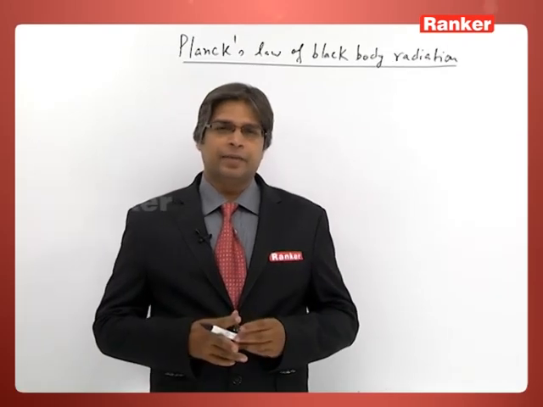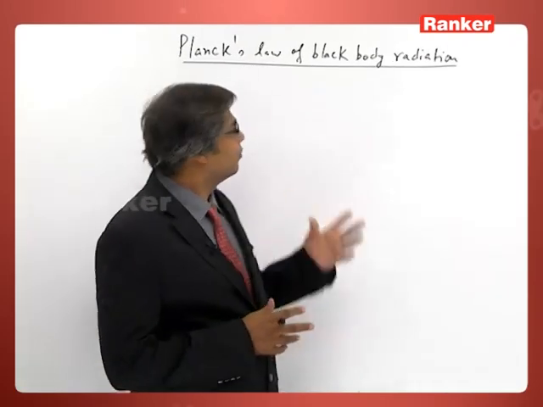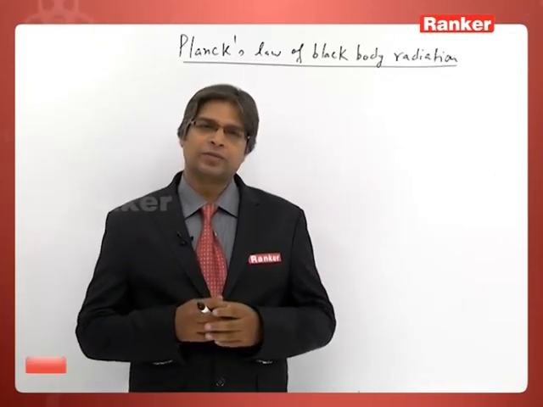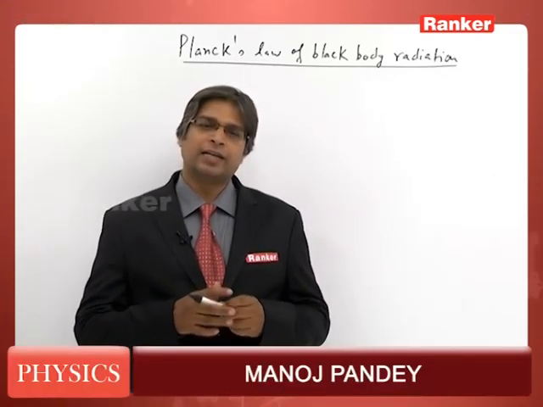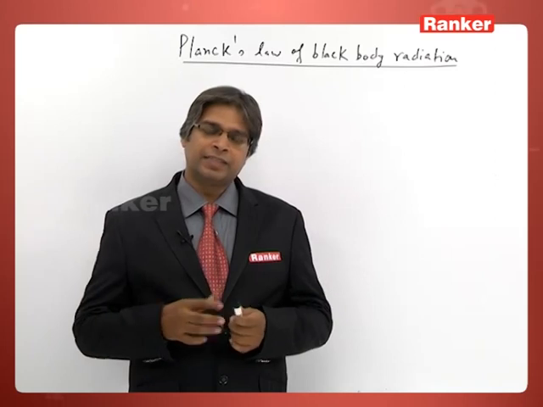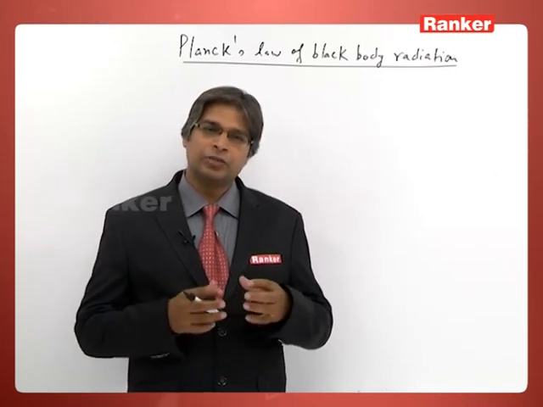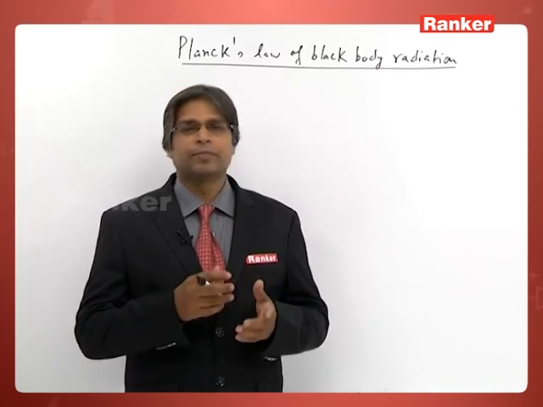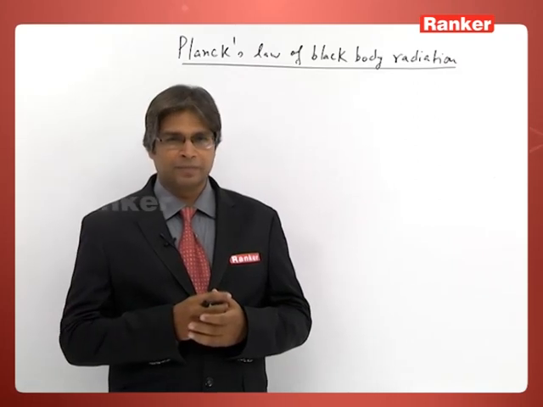Now, let us see Planck's blackbody radiation formula. Planck was working on the radiation emitted by a black body, and after so many calculations, every time the formula he got was not matching with the experimental results.